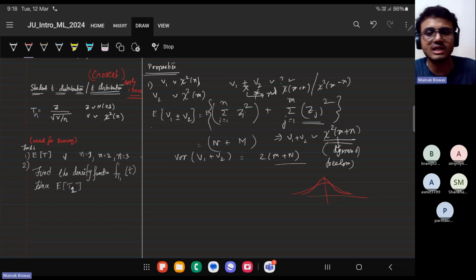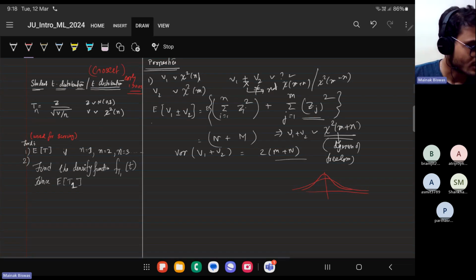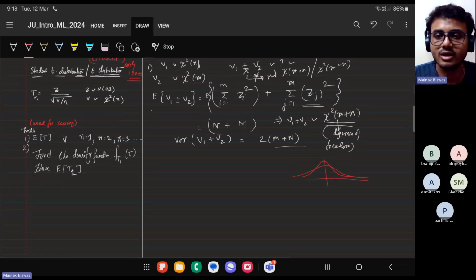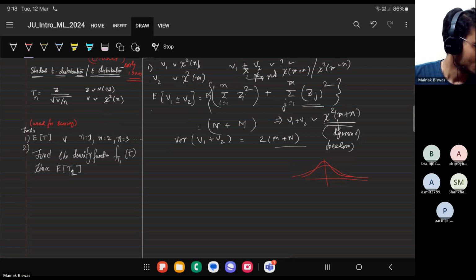We'll derive the equations and see why it is true. Because it has a longer tail, it is fairer to students. If you use a Z distribution in a class with a small number of students, maybe only one person gets A plus and everybody else gets B, because in a normal distribution, everybody is near the mean. That's the idea.